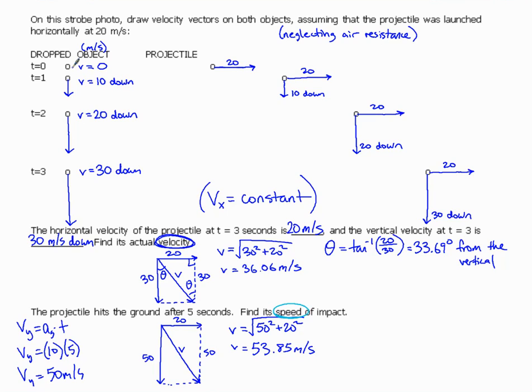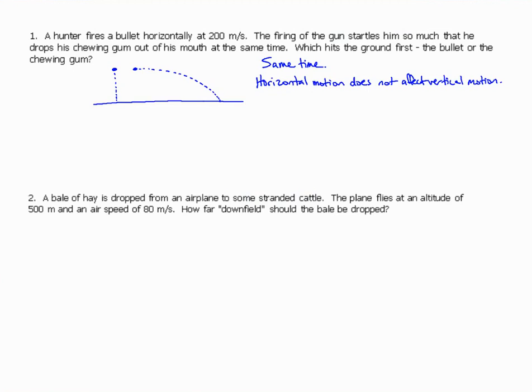So if this is your piece of gum, and let's say this is the ground, it hits the ground at the end of 3 seconds. Your projectile hits the ground at the end of 3 seconds. So the horizontal motion really does not affect at all the vertical motion.